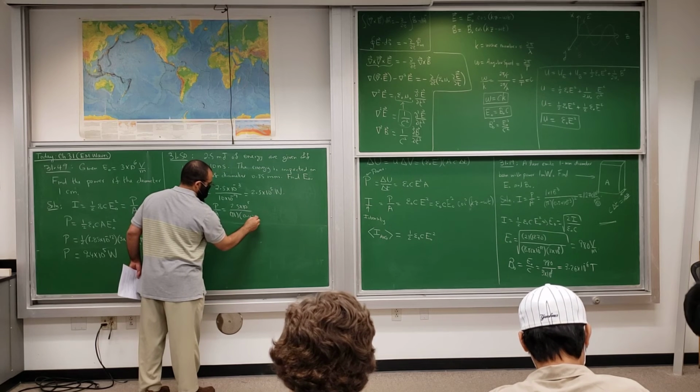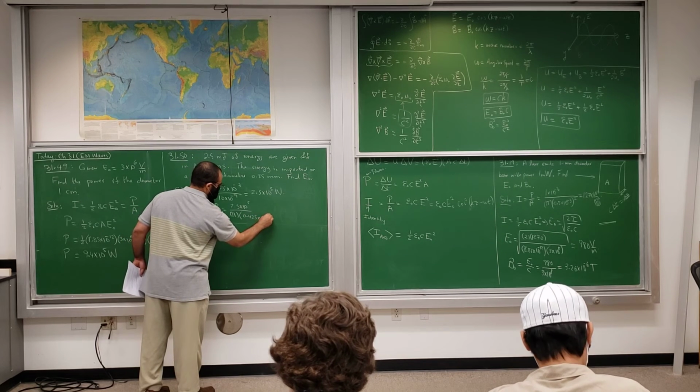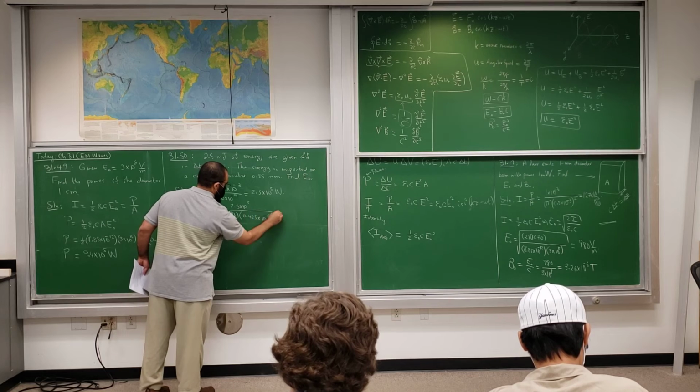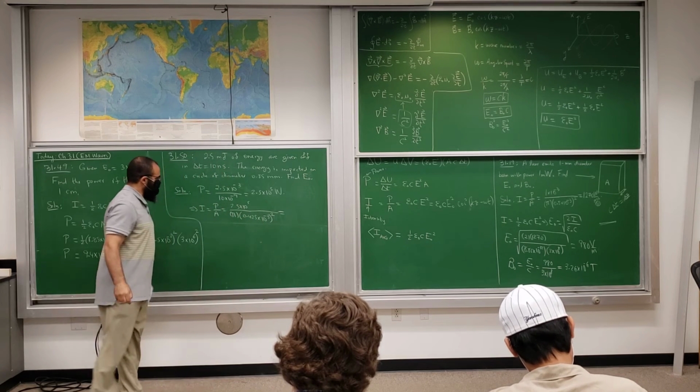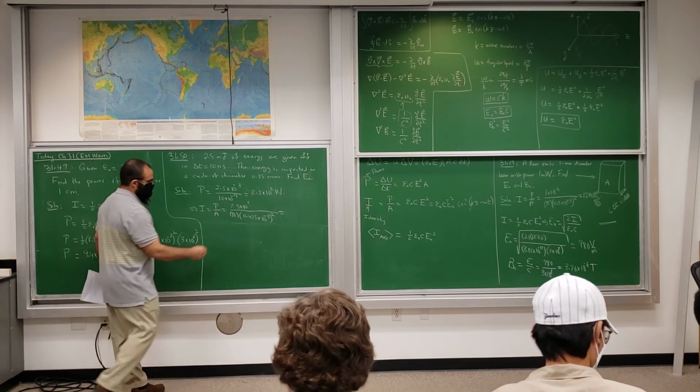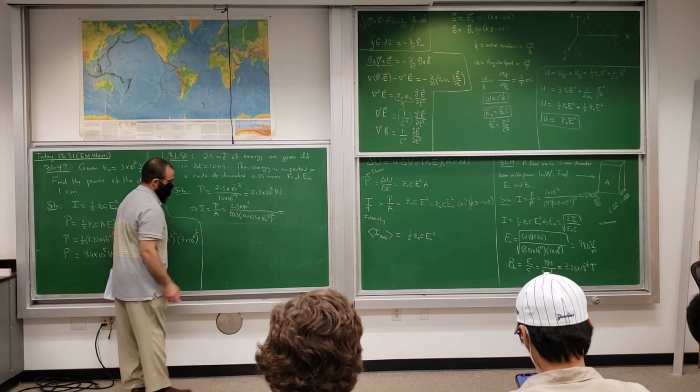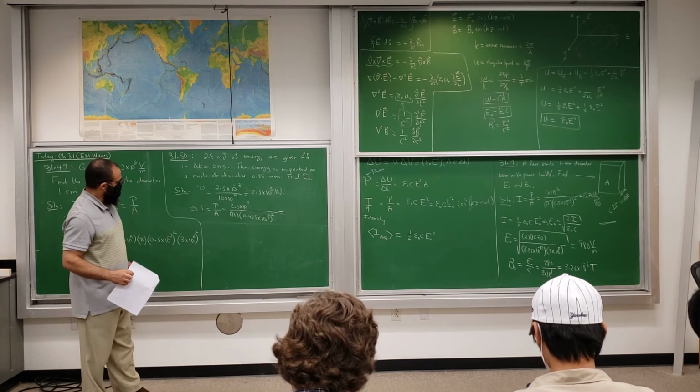R is 0.425 millimeters, right? So times 10 to the minus 3, and we have to square. I don't think I have this number. If you can help me, that'd be great.